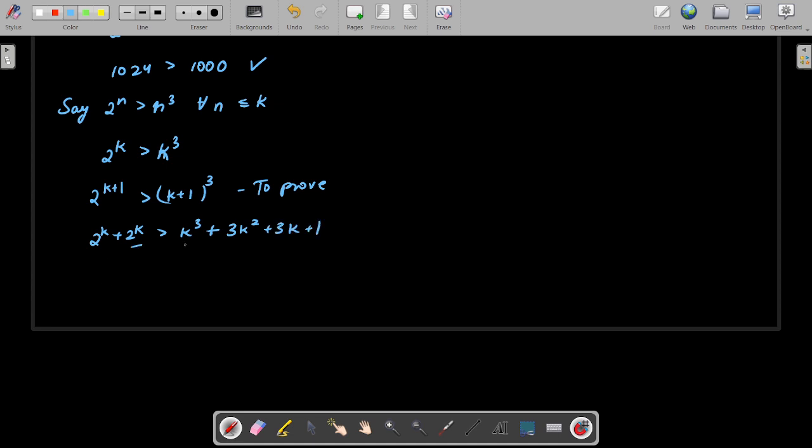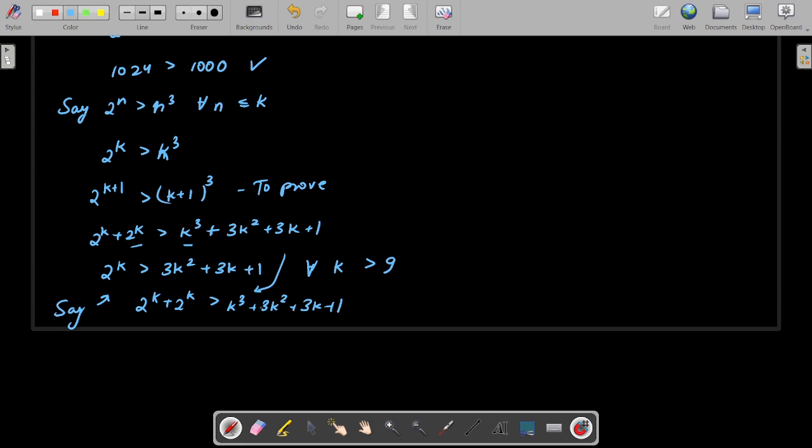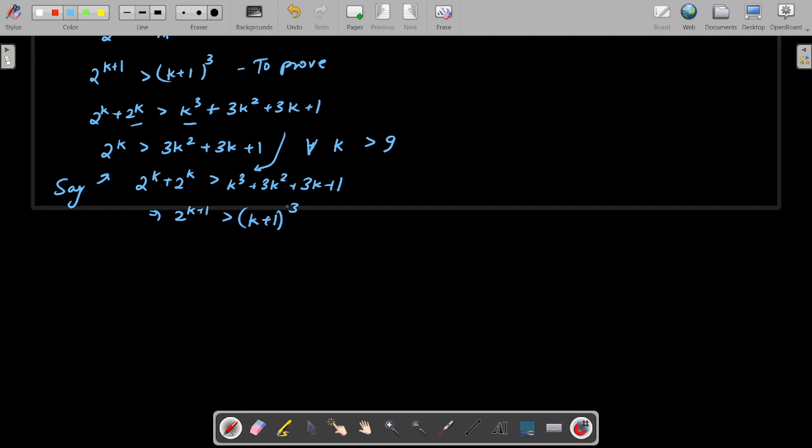So essentially we already know that 2 to the power k is greater than k cube. So if we prove that 2 to the power k is greater than 3k square plus 3k plus 1 for all k greater than 9, then essentially we are done, because if this statement is true, then we have 2 to the power k plus 2 to the power k is greater than k cube plus 3k square plus 3k plus 1, which implies 2 to the power k plus 1 is greater than k plus 1 whole cube, right?